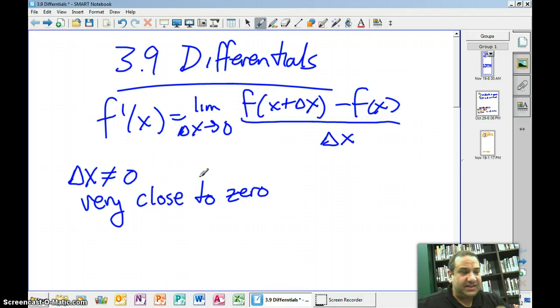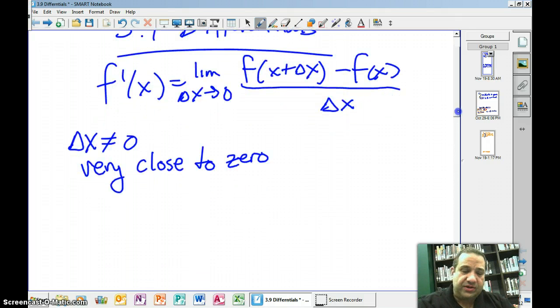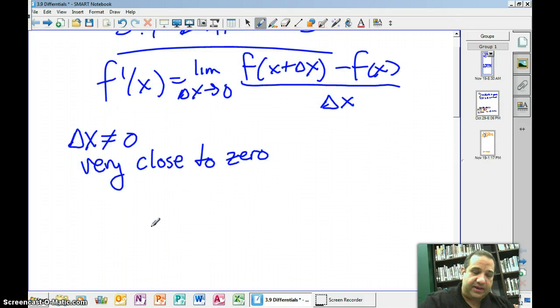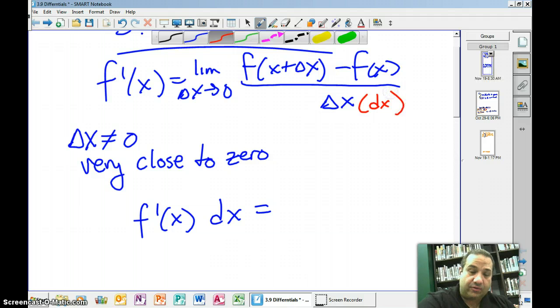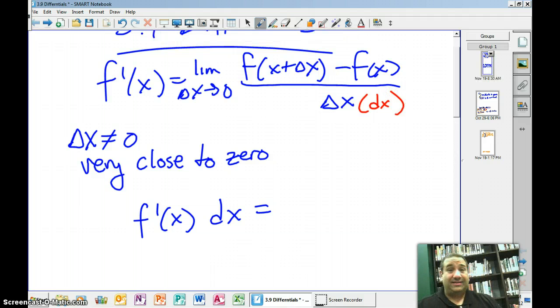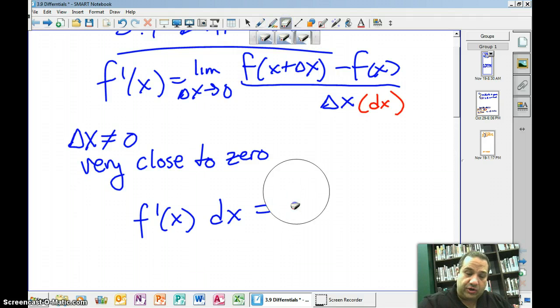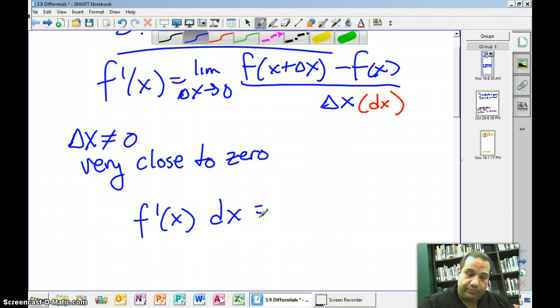So if that's the case, then using this, I'm going to say f prime of x times dx is equal to, if I call this guy down here dx, the difference in x, or delta x, that is equal to the top.